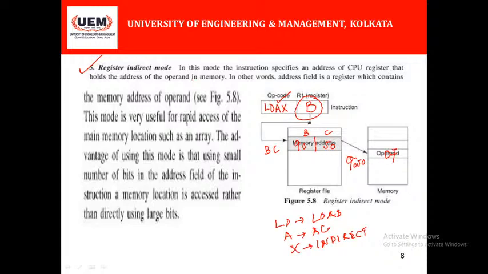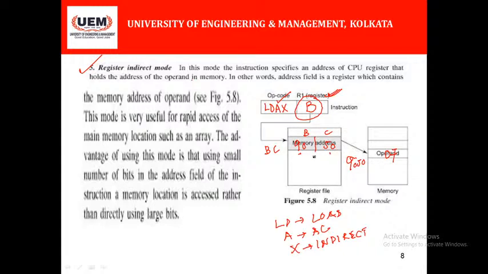LDAX B means first of all we need to understand which register is specified here. A register pair is specified by indicating B, that is the BC register pair. What is the value of B? 90. What is the value of C? 50. What is the total value of the BC register pair? 9050.